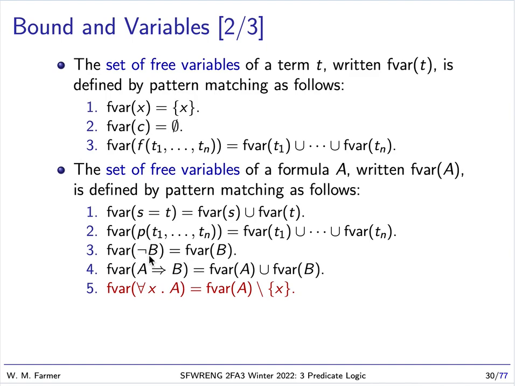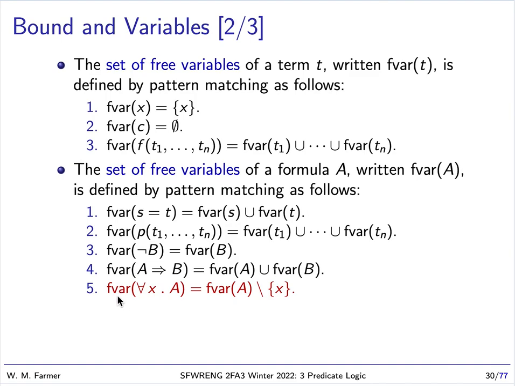The free variables of negation of B are just going to be the free variables of B. The free variables of an implication, A implies B, will be the free variables of A union the free variables of B. So far, everything is straightforward because none of these forms involve binders, at least on the outside. They could have binders embedded in, let's say, B and A, for instance.